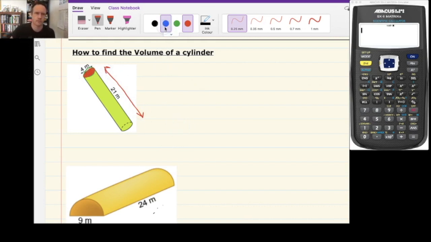So hopefully we know that the area of a circle is equal to pi r squared.